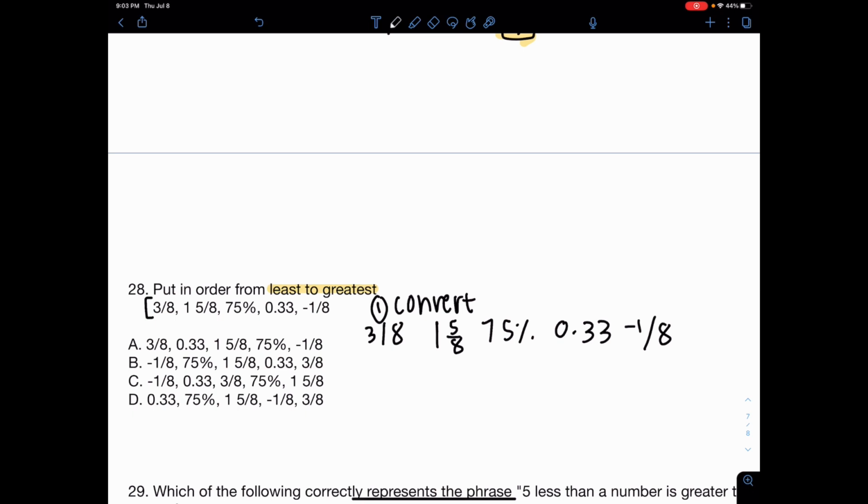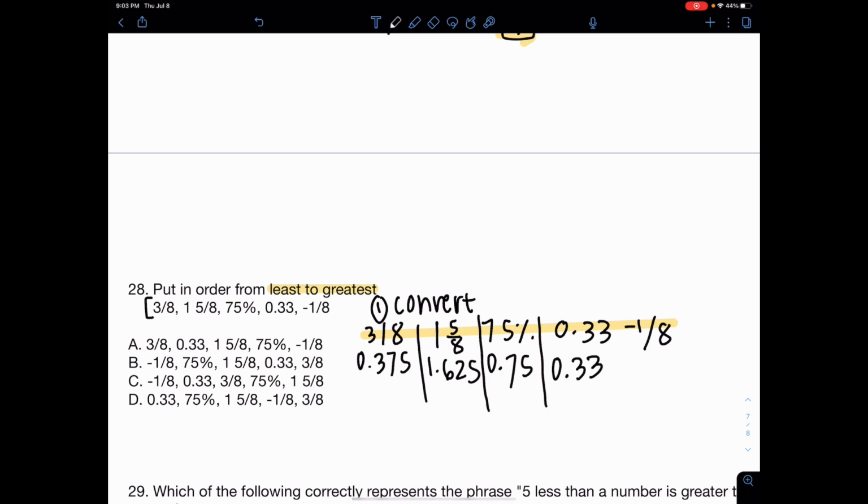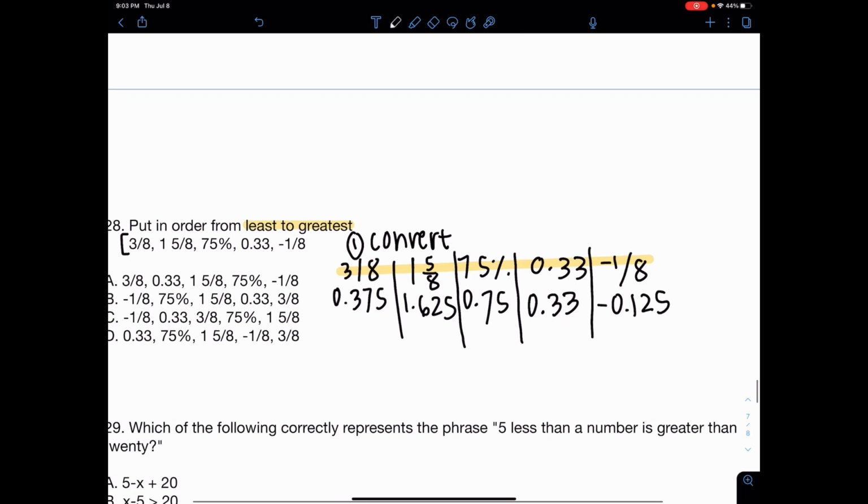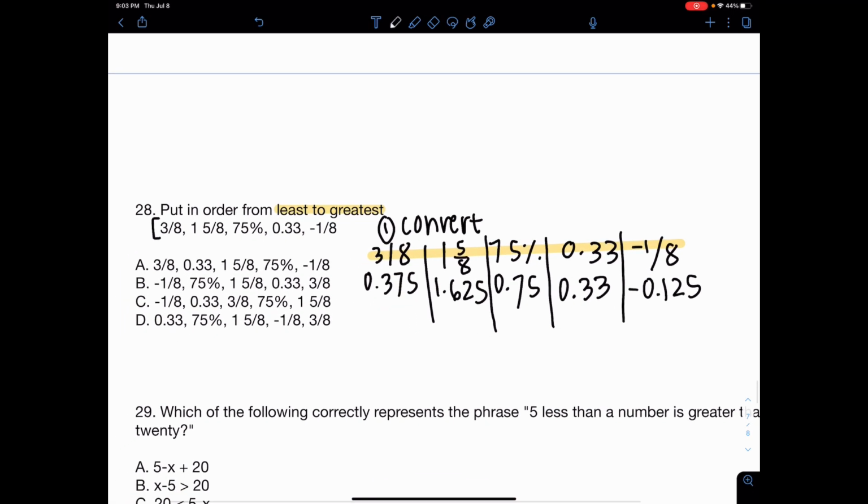So we have 0.375 and 1.625. Okay, so as you can see, this is much more attractive than the mixed numbers and the fractions and the decimals and the percent. So we're going to go ahead and look at those conversions, and then we'll put them to least to greatest.